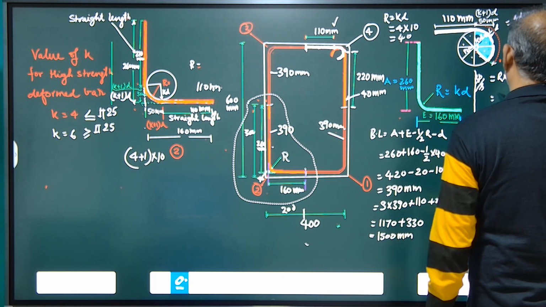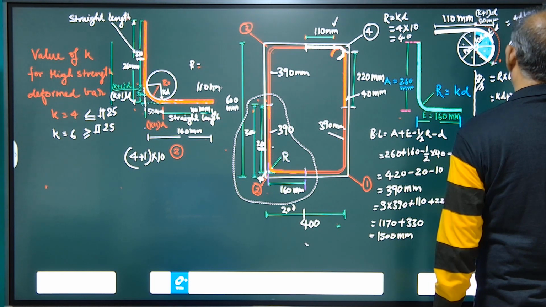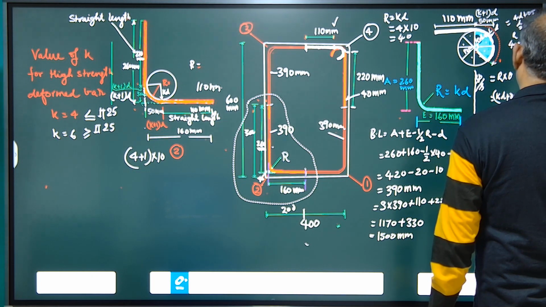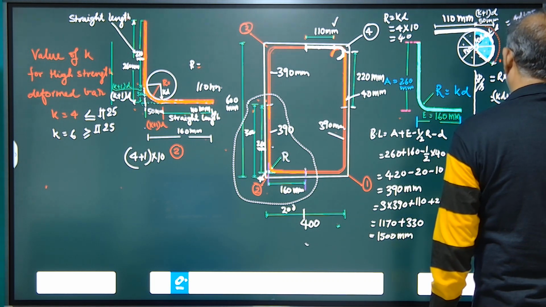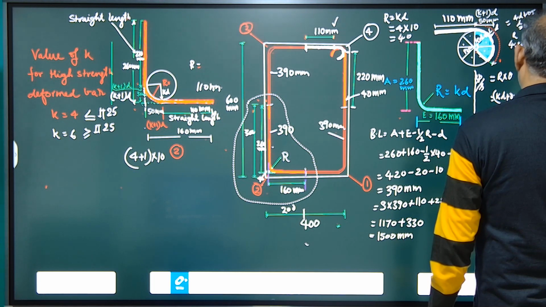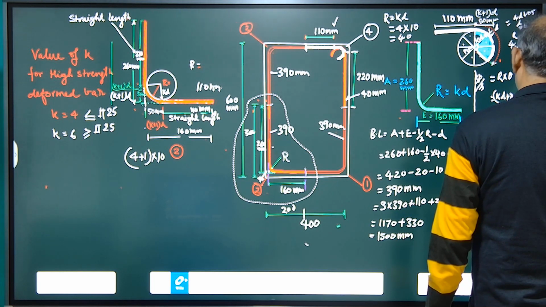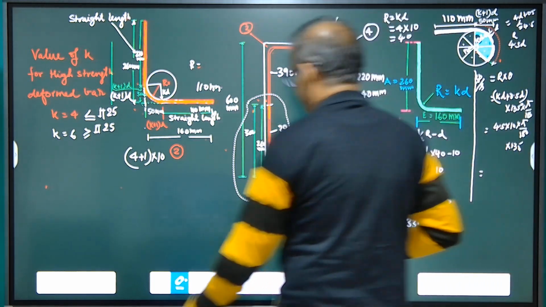So R is K times D plus 0.5 D, into theta, which is 135 degrees. Convert into radians, pi upon 180. So 4.5 into 10 into pi upon 180 into 135. Solving this we get the value.